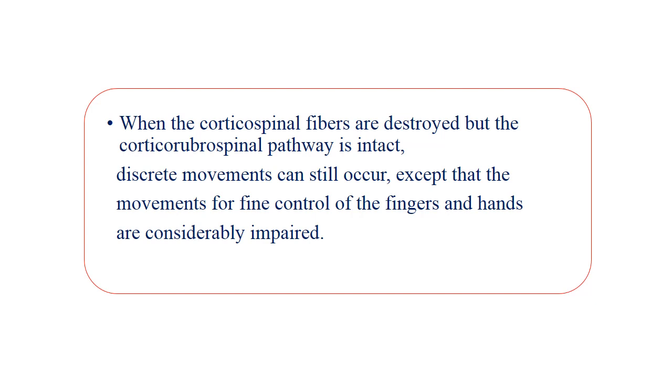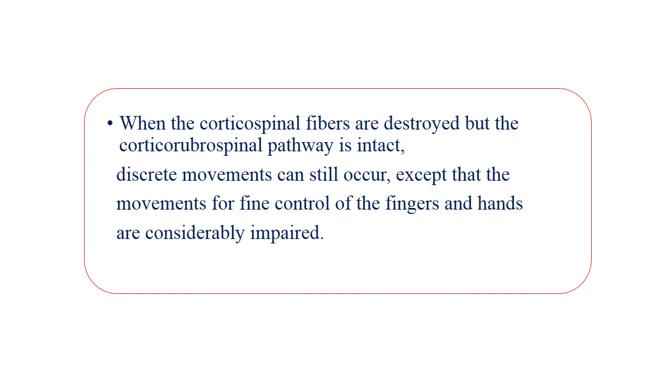Okay. So when we have, for example, a disease that causes damage and destruction to the corticospinal fibers, the corticospinal fibers are gone, but the rubrospinal or corticorubrospinal fibers are still intact. Here the patient can still do the discrete movements we mentioned. He can still do them. But the very fine discrete movements of the distal parts of the body, like the fingers and hands, will be impaired.